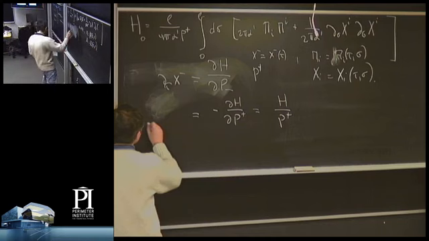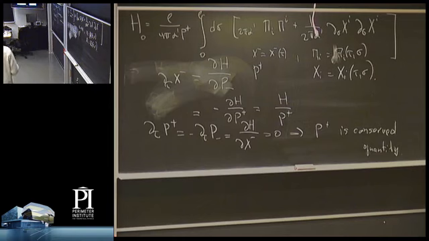So del tau of x minus is del H over del p plus. Our independent variables are x minus and the correspondingly conjugate momentum density p plus, and the x i's.